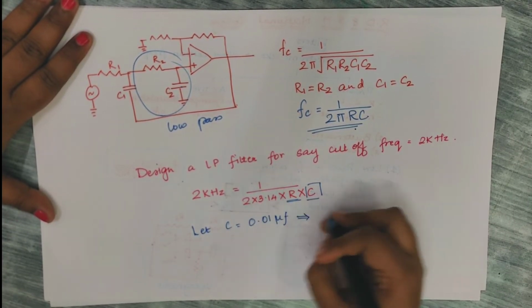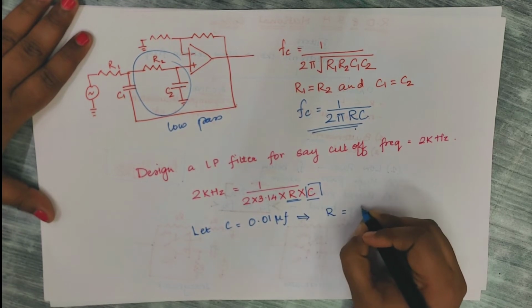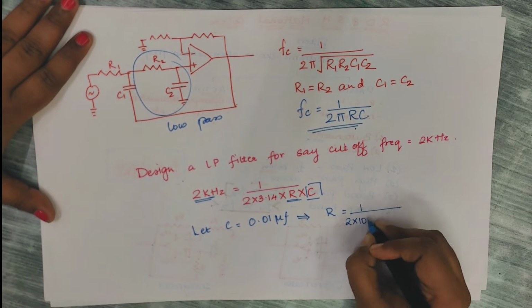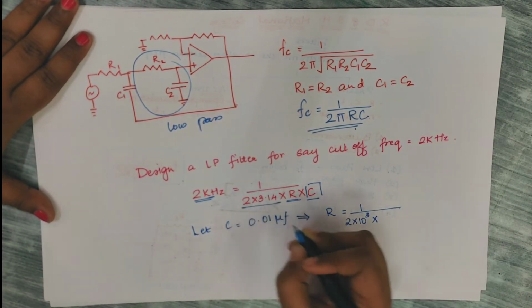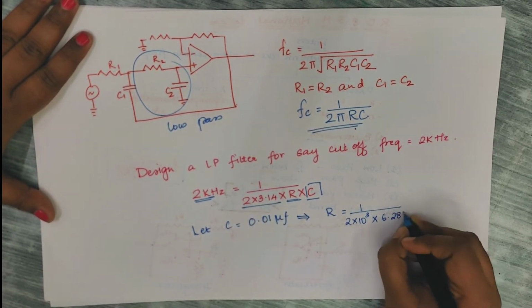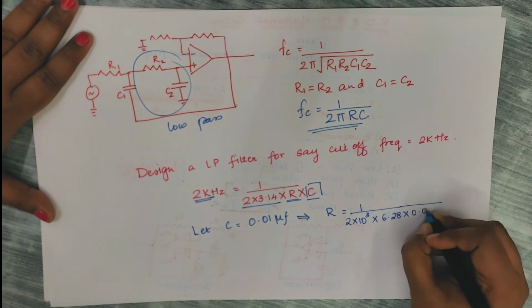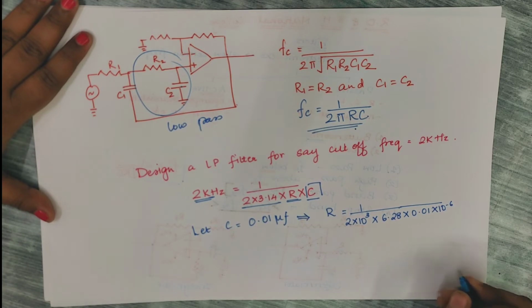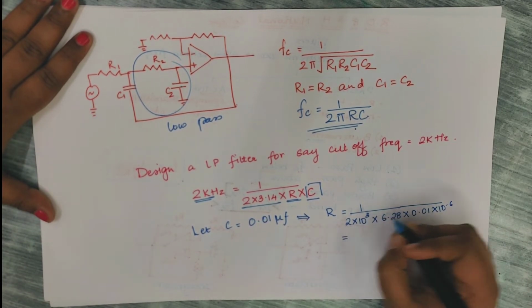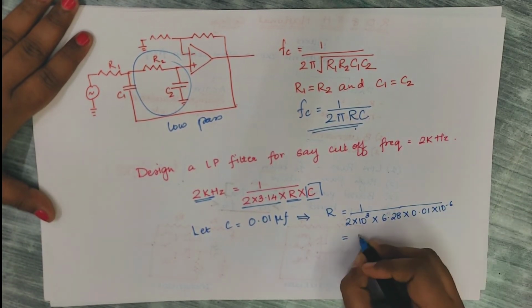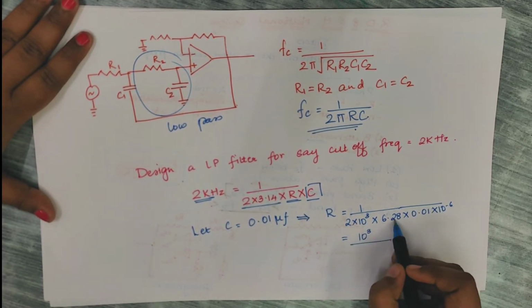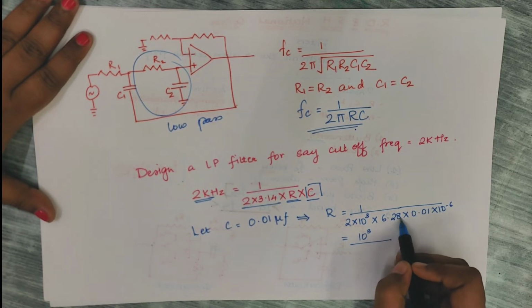So that gives me R equal to 1 upon 2 into 10 raised to 3, into 6.28 into 0.01 into 10 raised to minus 6, because we are talking of microfarad. That becomes 3 and minus 6, so that is minus 3. It becomes 10 raised to 3 upon, now 2 into 6.28 is 12.56.